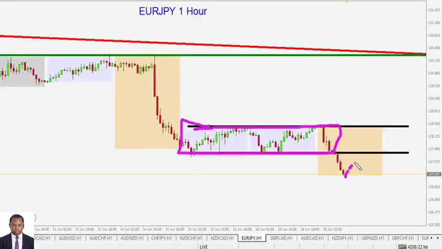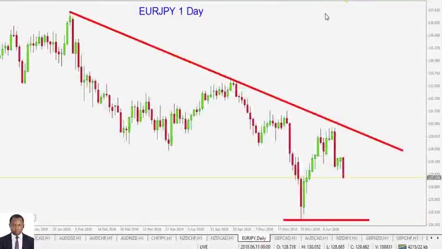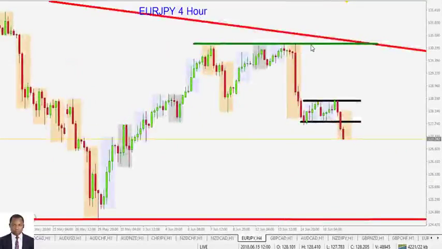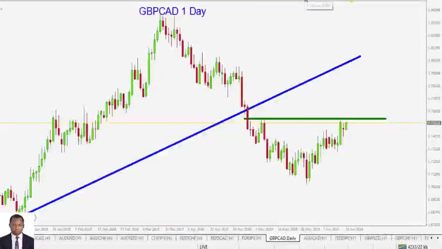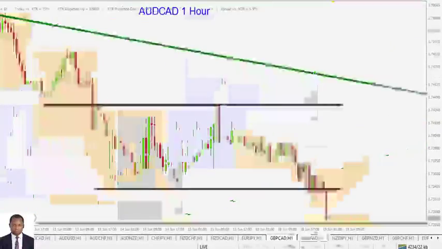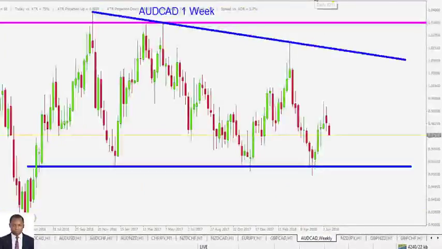Let's wait for the pullback and we'll be looking for short entries. This is very bearish. I will have all eyes on this. The euro against Japanese yen. We will search for possible entries. If it doesn't give an entry, then we will be flat.